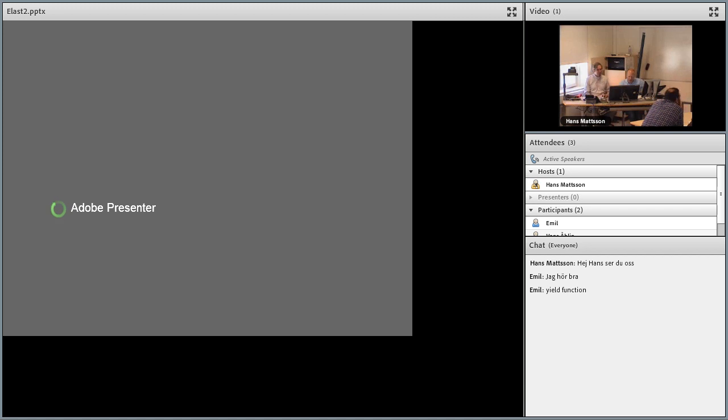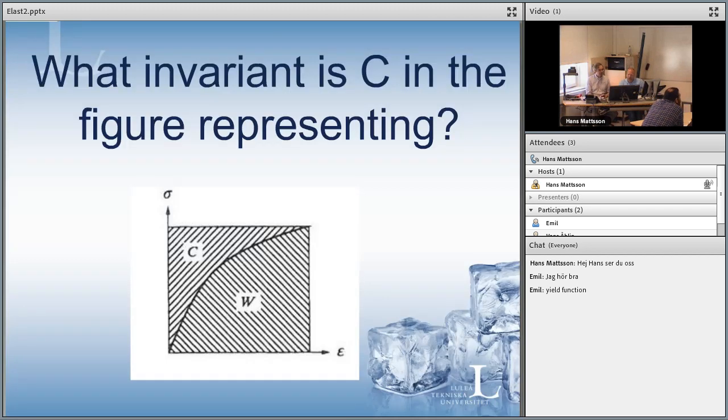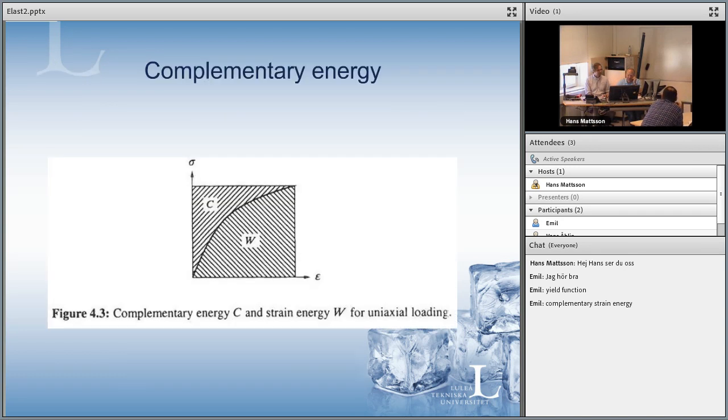Okay, here's the question. What invariant is D in the figure? Emily is typing here also. Maybe you should. Will you answer, Emily? Yeah, it's correct.